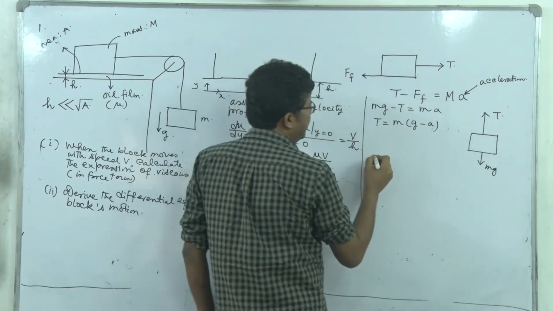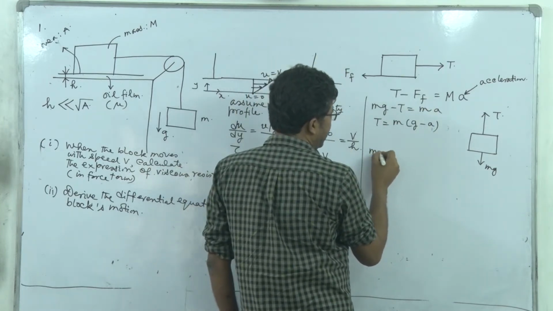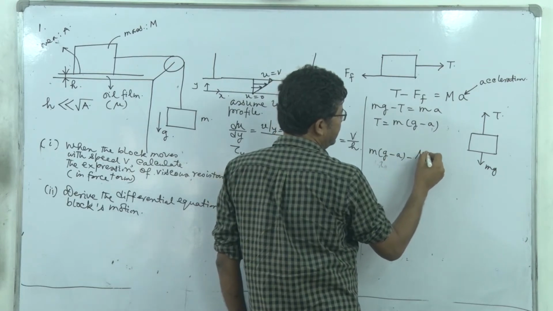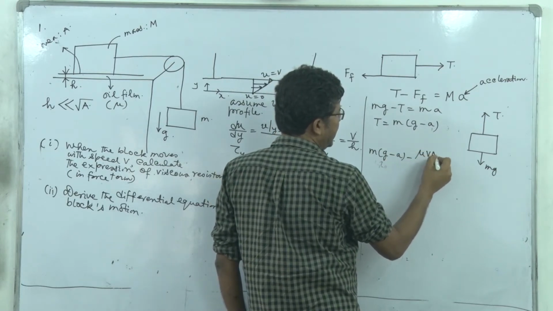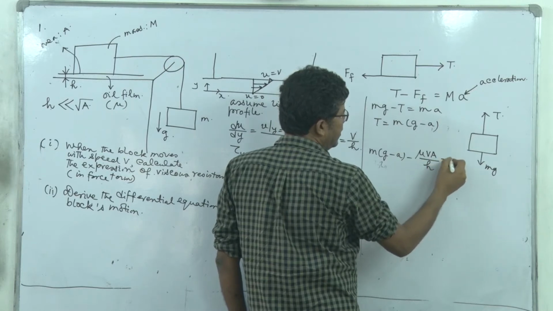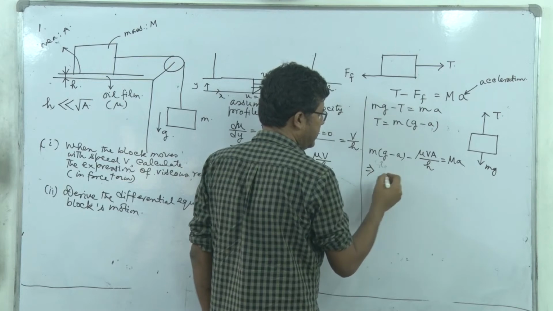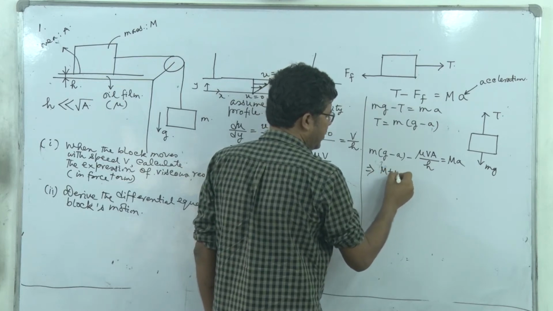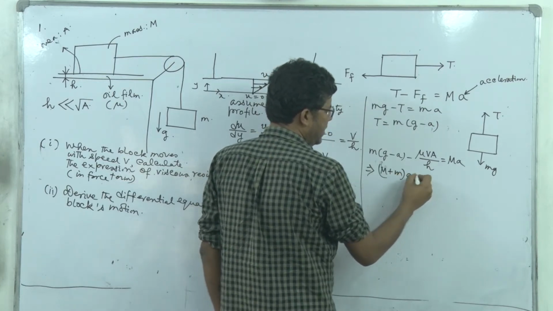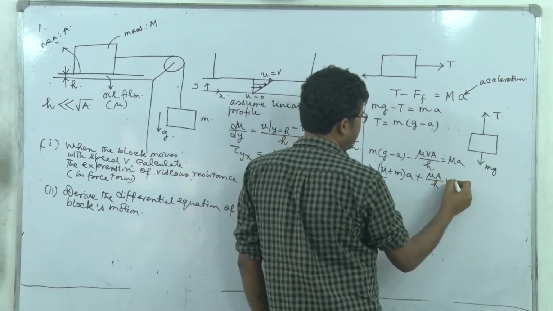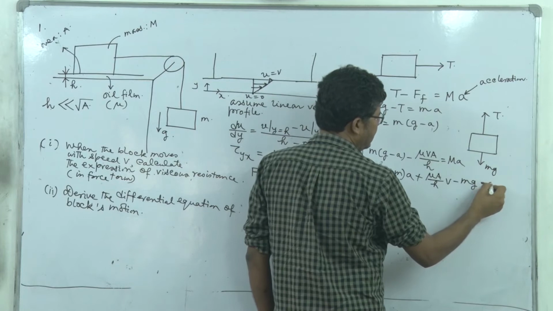If I replace it, m(g minus a) minus Ff, which is mu v A divided by h, must be equal to M into a. If you group this together, (M plus m) into a plus (mu A by h) into v minus mg is equal to 0.